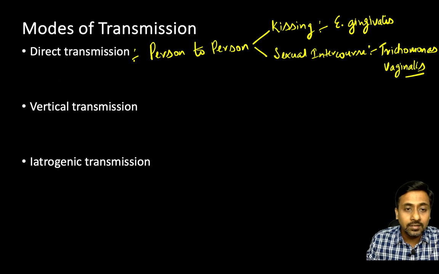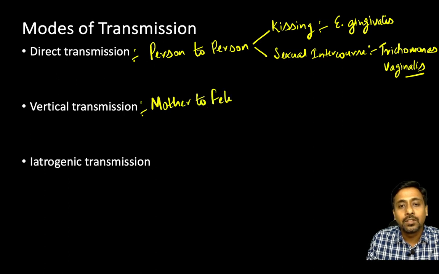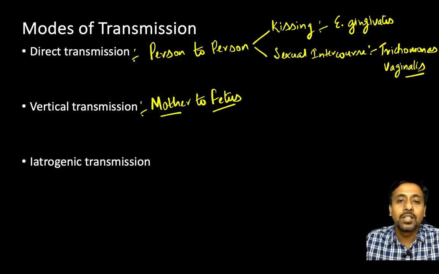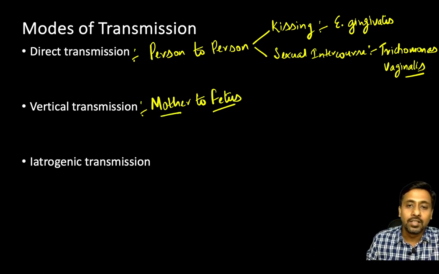Vertical transmission, what is it? Vertical transmission occurs from mother to fetus. So for that the parasite should be present in blood or in tissue.